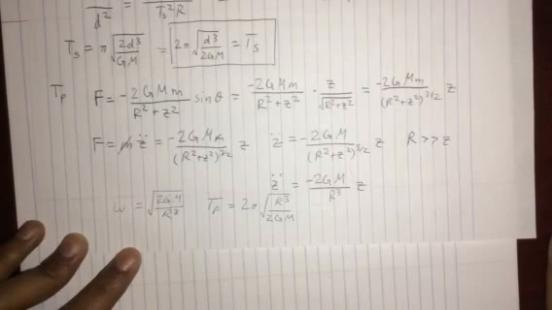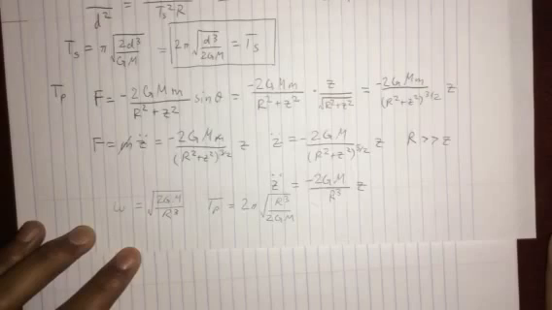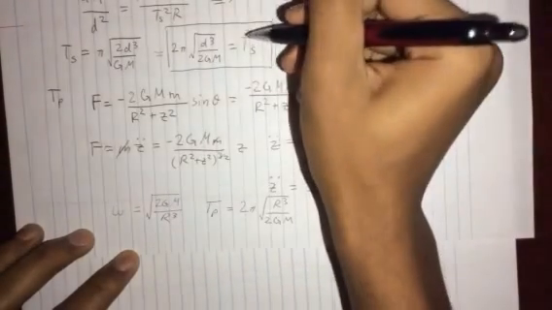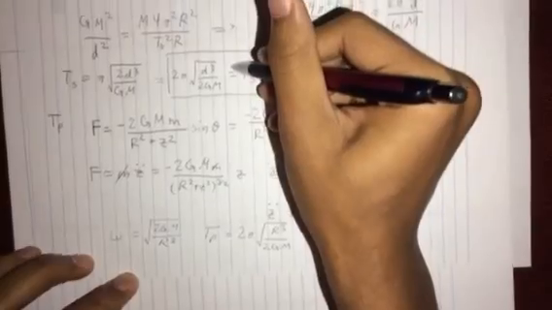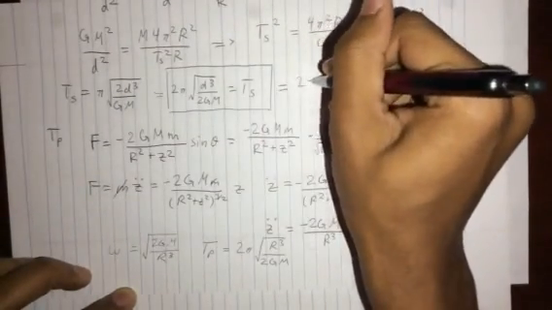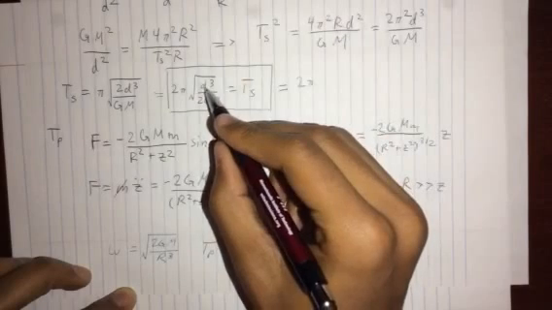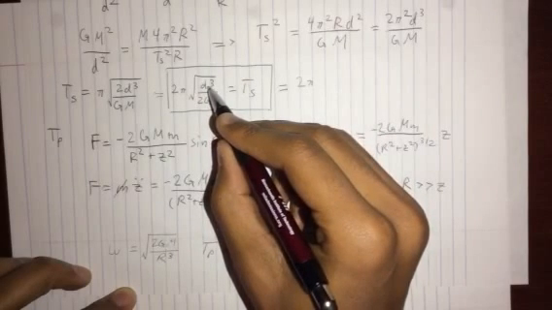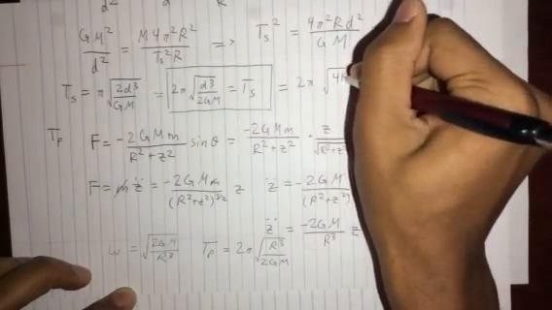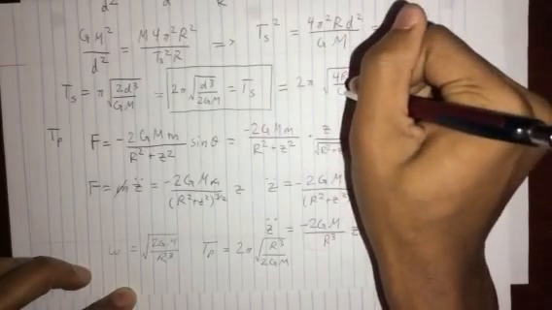Now we want to put it in terms of r, so we could put the other one back in terms of r. So this is 2 pi, let's see, d equals 2r, so this is the root of 4r cubed over GM.